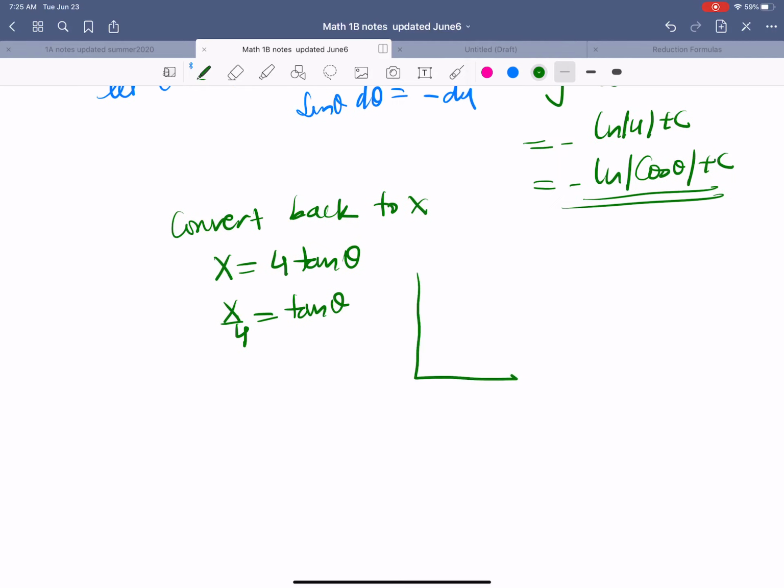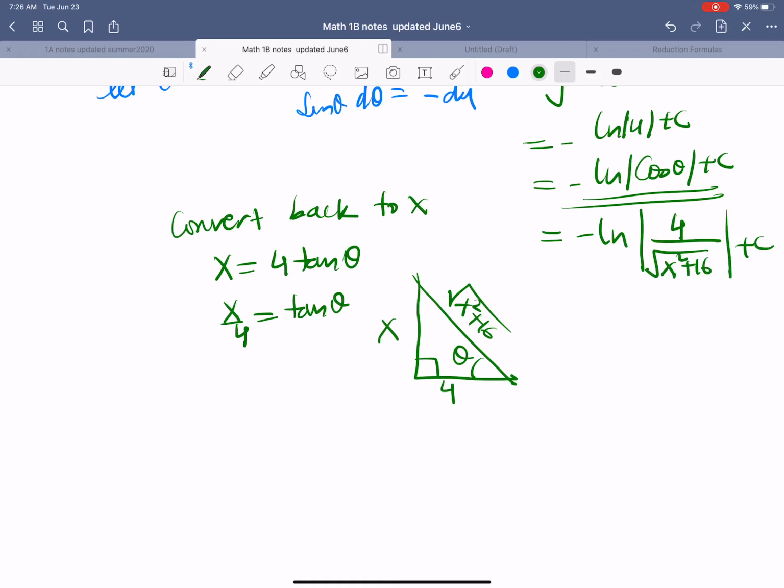Okay, if I draw my triangle, this is the theta, tangent is opposite over adjacent, and the hypotenuse is going to be the square root of x squared plus 16. So my integral turns out to be negative natural log of cos theta. And what is cosine theta equal to? Cosine is adjacent over hypotenuse, which is 4 over the square root of x squared plus 16, plus c. That's what our integral comes out to be, and we did convert it back into the x form.